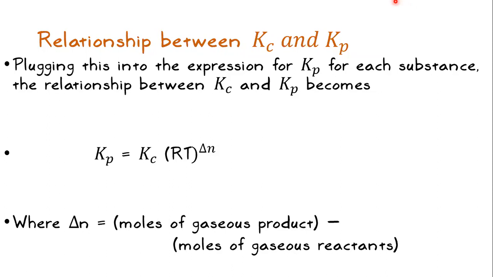Akposwe. How will you define Kp and Kc? Kp is the equilibrium constant in terms of pressure, and Kc is the equilibrium constant in terms of concentration.